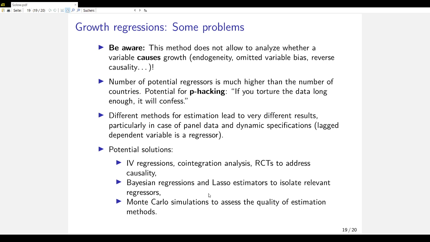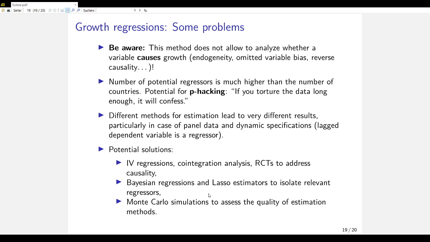For example, a paper in 2004 by Sala-i-Martin and co-authors, which found that many of the correlates that are typically proposed for including on the right-hand side of these regressions are not really robust correlates with economic growth. So their sign often switches depending on which variables you include in the regression. And there are some robust correlates to economic growth, and they've described this in more detail in their paper.